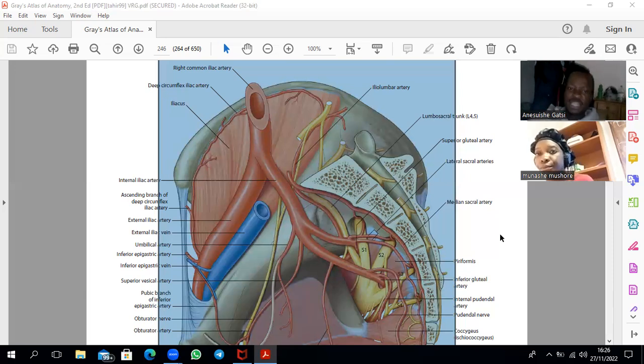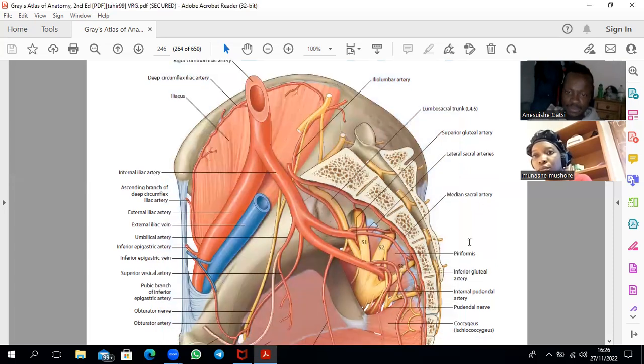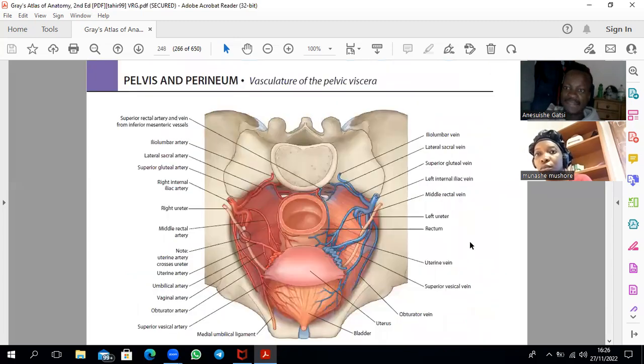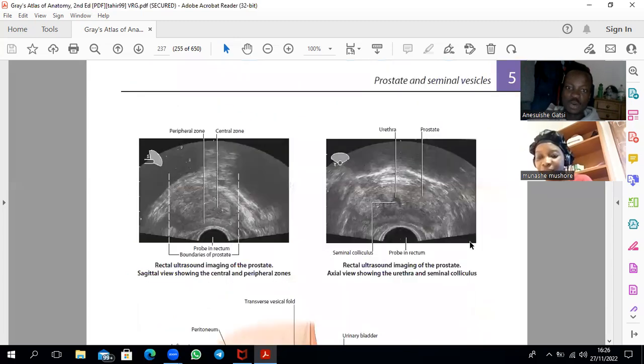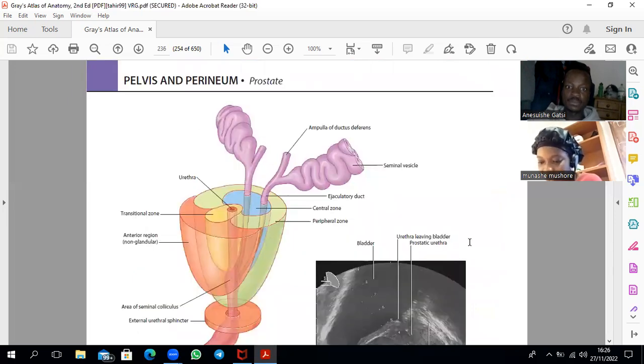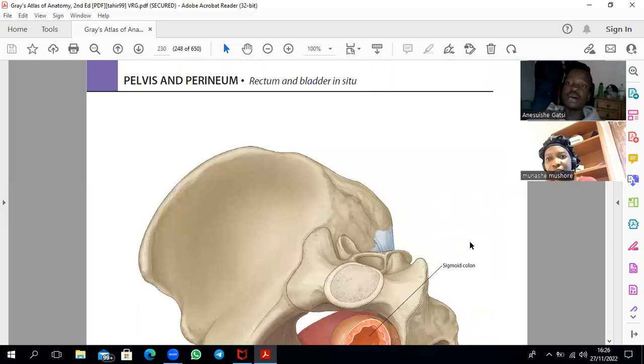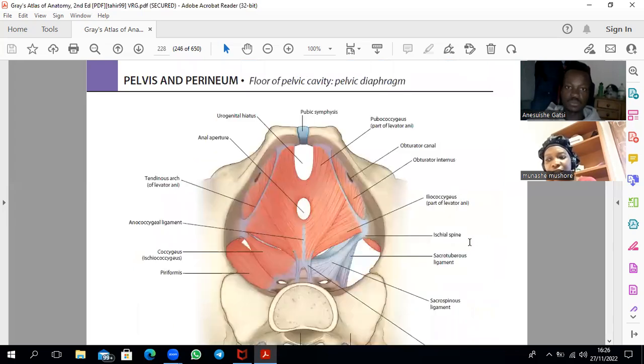Okay. But this one, you need to know more about it. This internal pudendal artery, where do you find it? Please don't look at this poor diagram.